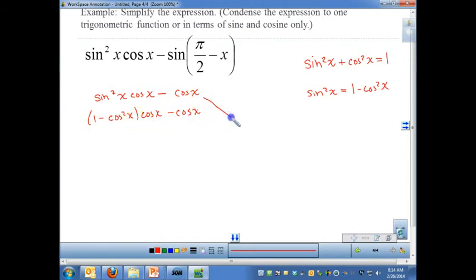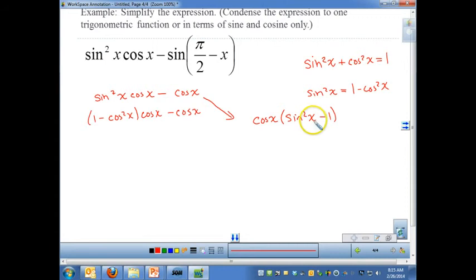But I think I see another option, which is I could factor out the cosine. So the cosine of x times, and if I'm factoring that out, I would end up with sine squared of x minus 1. And if I look up here, if I were to subtract 1 to the other side, I would get negative cosine squared of x, right?